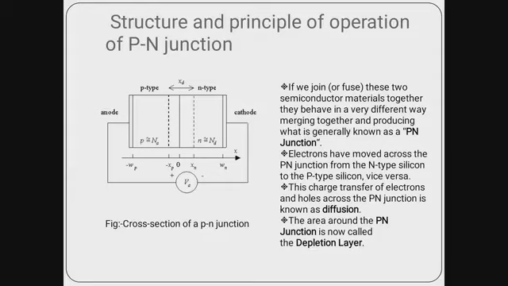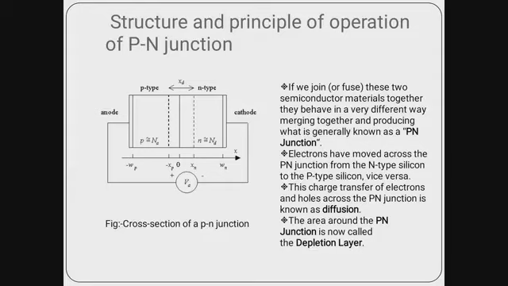Now, how is the PN junction basically formed? That is the question. If we fuse these two semiconductor materials together, p-type and n-type, a junction will form. That junction is called the PN junction.